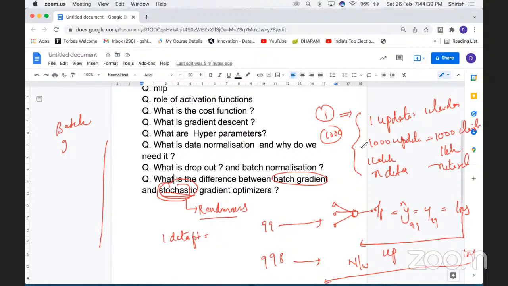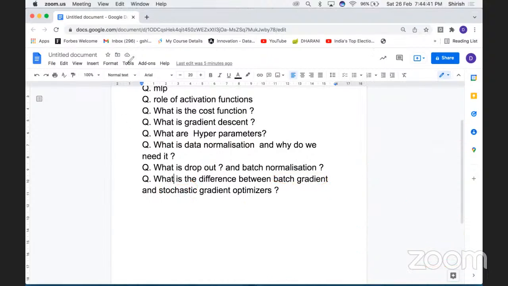How are the weights initialized in a network? How does this initialization of weights happen? Either you can leave it to the algorithm to assign them randomly, or you have to initialize all the weights yourself, starting from 0.